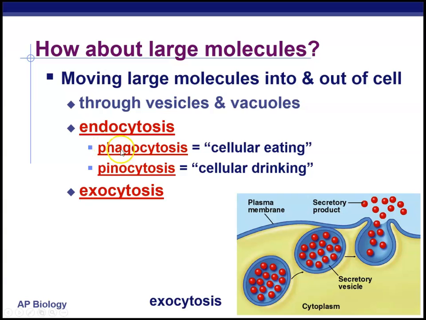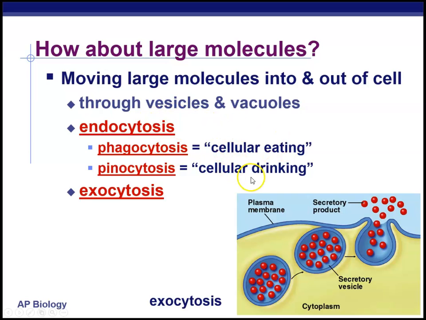Phago means eating, so it means cell eating. And then there's cell drinking, when you're bringing in big gulps of liquid. That's called pinocytosis. Pino means drinking. Both of those are forms of bringing things in, whether large molecules or gulps of liquid.